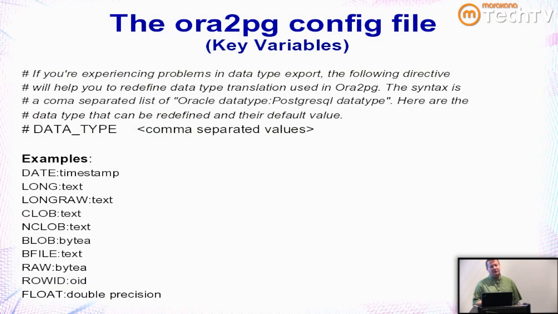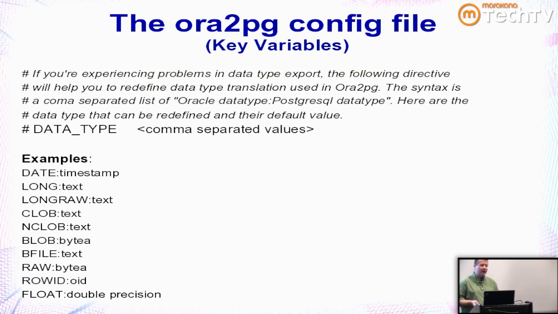This parameter, the data type parameter, is basically a way for you to specify the mapping yourself instead of letting ora2pg do the mapping for you. So you can say, I want a date to be specifically a timestamp, or a timestamp without time zone, or whatever you want it to look like. I want a long to come across as a text, and so on and so forth. So if you specify the data type variable, you can specify the mapping yourself.